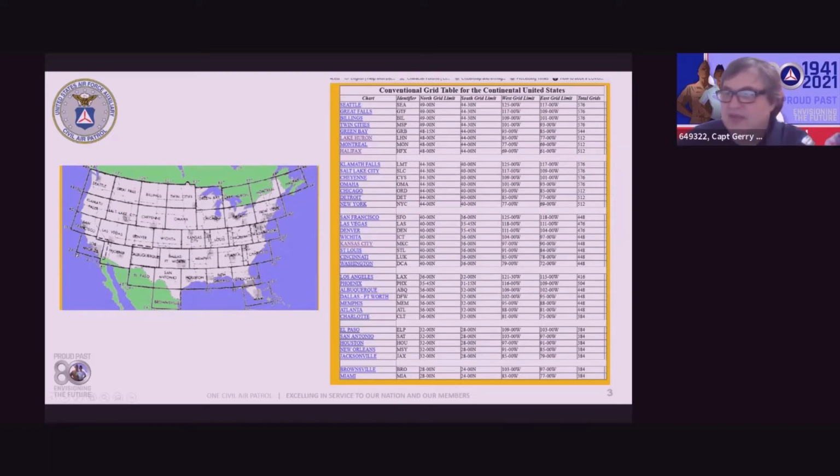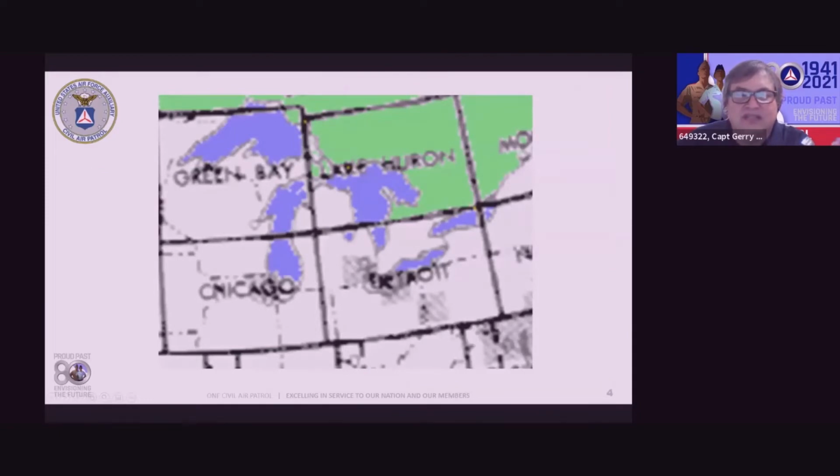This shows us all of the current grids that we have. Notice on the sectional that we have 4 of them that overlap in Michigan. Depending on which area you wish to search, you're either going to need the Green Bay sectional, the Lake Huron sectional, the Chicago sectional, or the Detroit sectional.